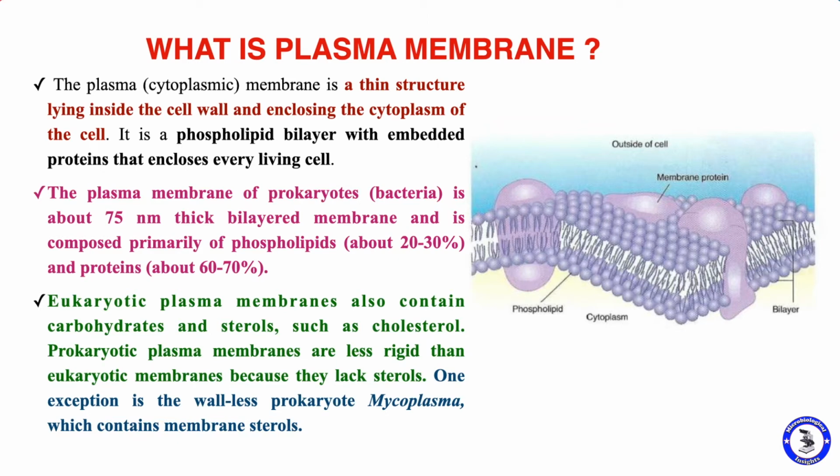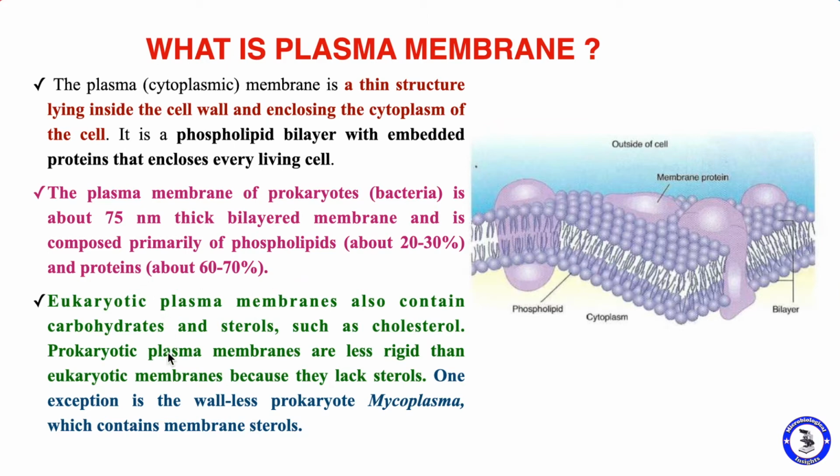The eukaryotic plasma membrane, in addition to the phospholipids and proteins, also contains carbohydrates and sterols. An example of a sterol is cholesterol. These two molecules are present in addition to the phospholipids and proteins.